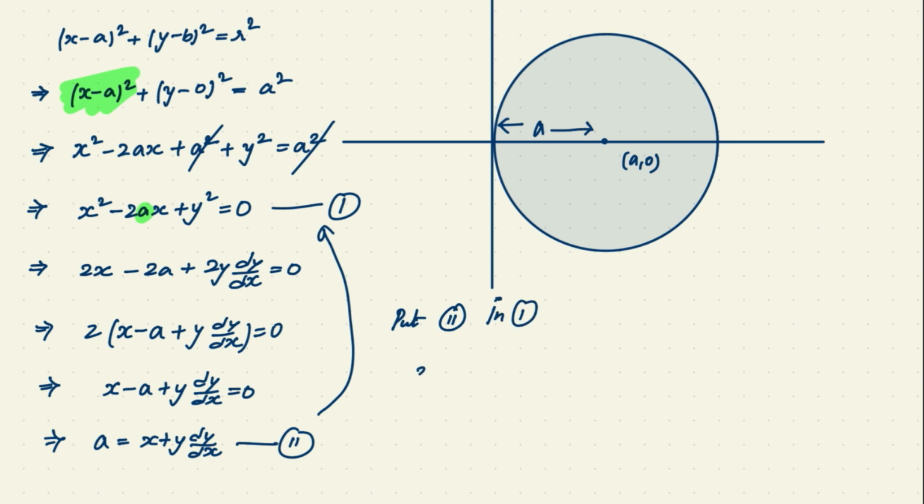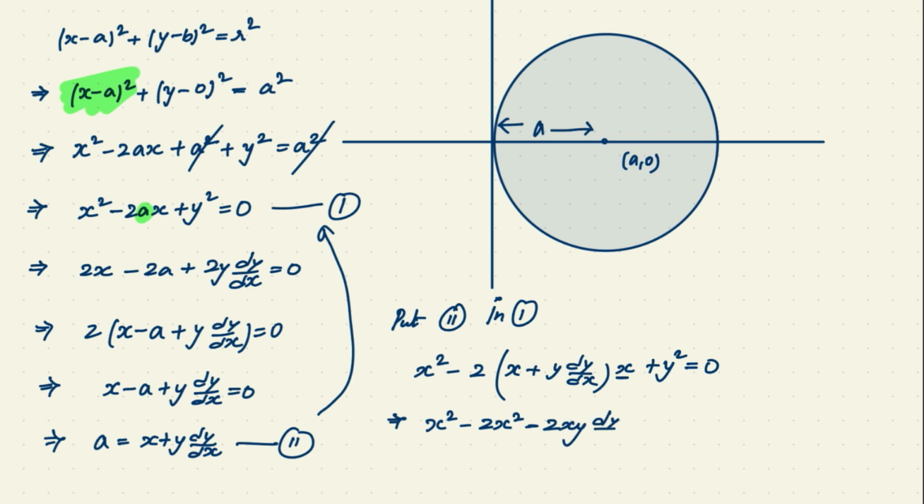Then we will have x^2 - 2 into a, and since a is x + y dy/dx, into x + y^2 = 0. Hence my required differential equation will be x^2 - 2x^2 multiplying, there is x also here, - 2xy dy/dx + y^2 = 0.